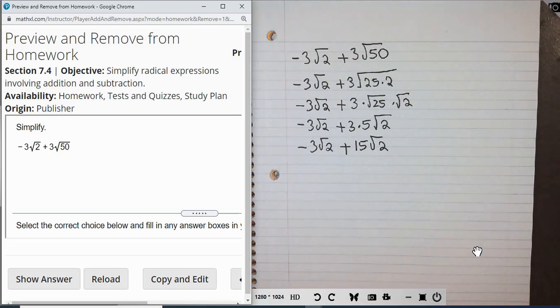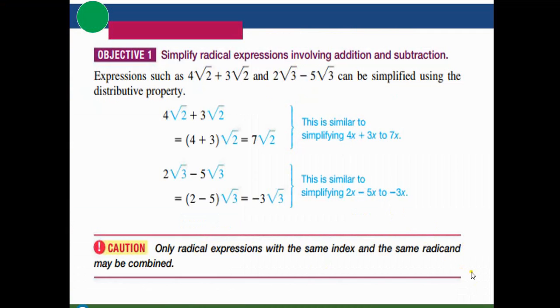All right, so the simplifying the radical stuff we've kind of covered. Now what we've got to do is cover the rules on adding and subtracting radical expressions. So this was the objective. I believe we were drawing on 7.4. But anyway, notice it says simplifying radical expressions involving addition and subtraction. Here we have a particular radical expression, then we have another one right here.